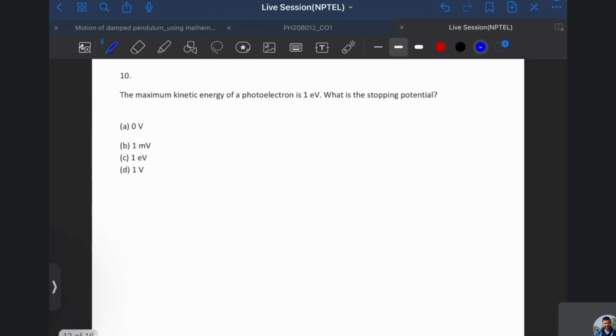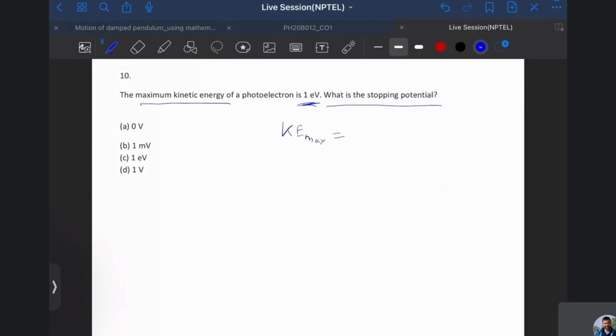Okay, then the 10th problem. The maximum kinetic energy of a photoelectron is 1 electron volt. What is the stopping potential? Again, we have the formula.